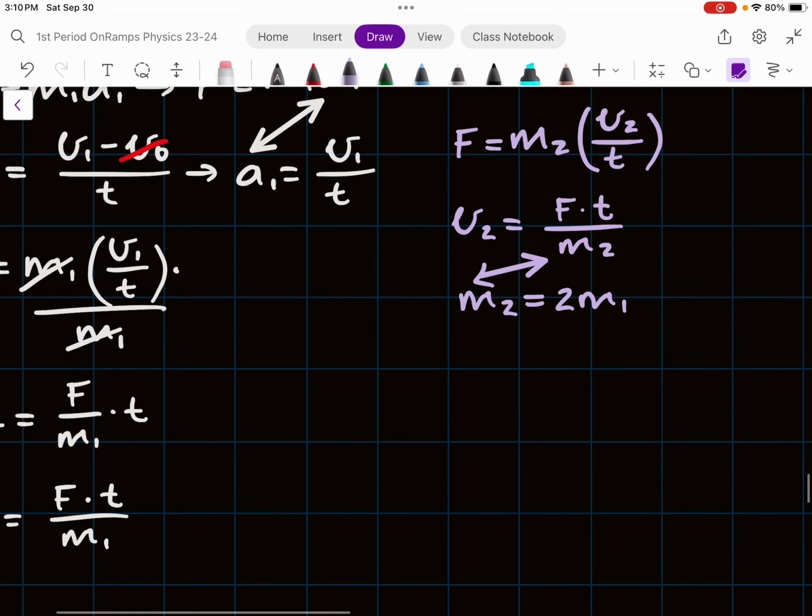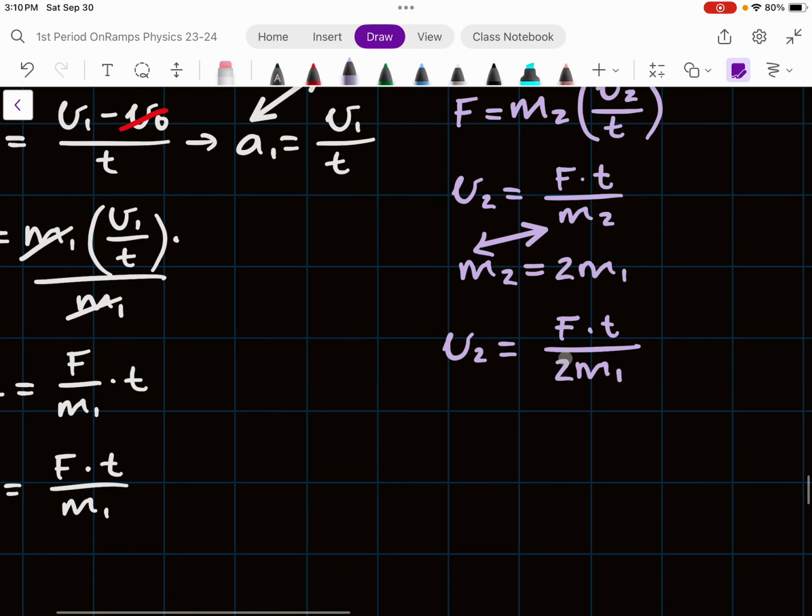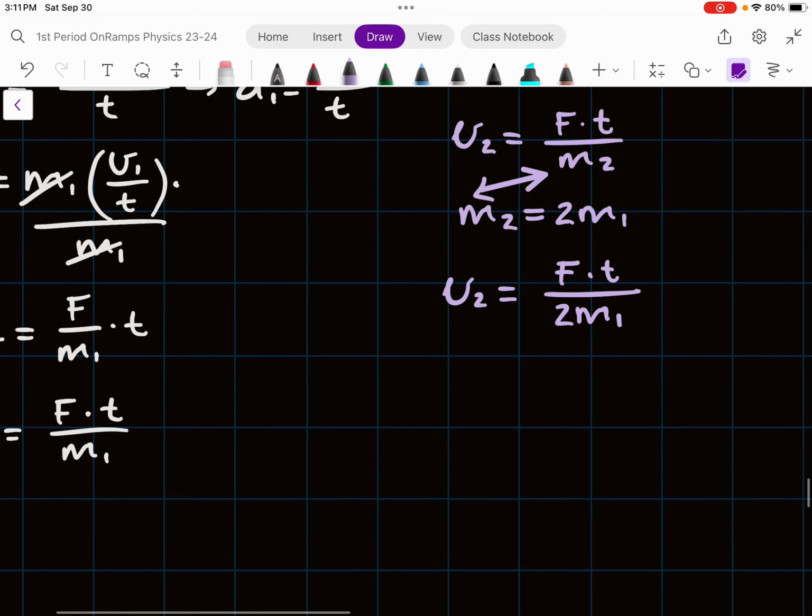So then I have velocity 2 is equal to force multiplied by time divided by twice mass 1. Then this force multiplied by time divided by 2 times mass 1, I can factor out a 1/2. So then I'll have velocity 2 is equal to 1/2 times force multiplied by time divided by mass 1.